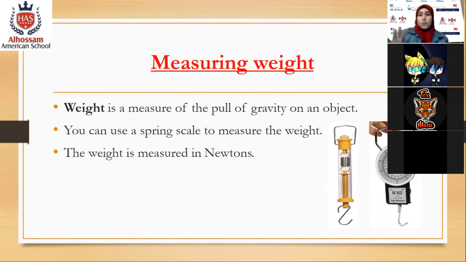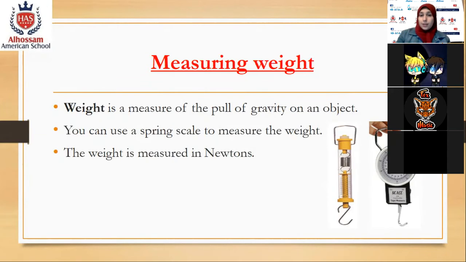Objects may have the same volume, but they will have different density. So we talked about the density, and we talked about floating and sinking of objects. And we said that this depends on what?